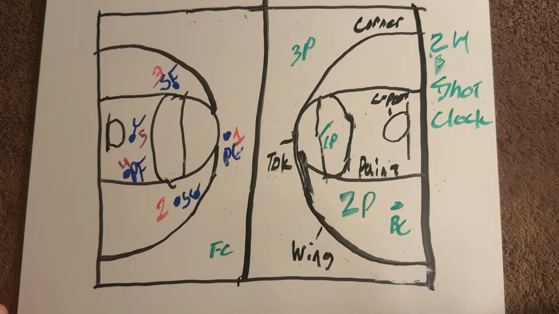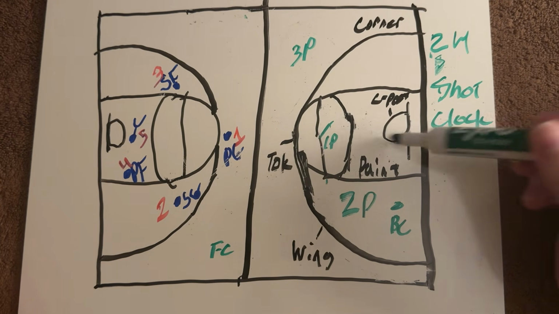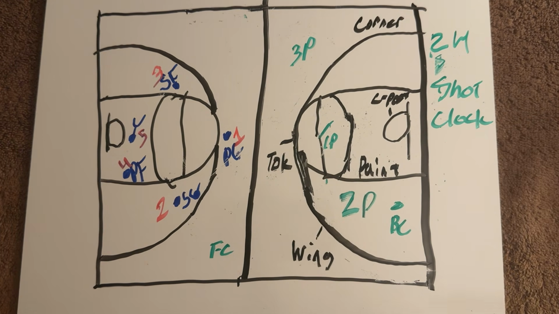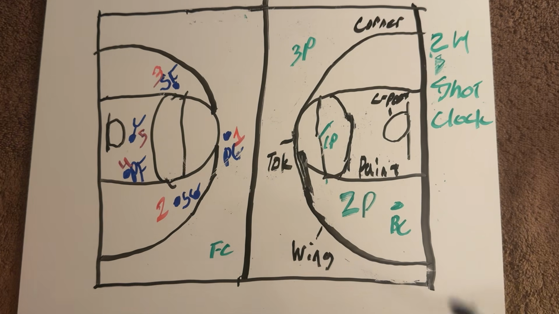So you get a 24-second shot clock, and that simply means for every time you possess the ball, you have 24 seconds to take the ball and put it in the basket, or at least attempt to put it in the basket, because of course, if you miss and the opposing team gets it, if they catch the ball off the miss, that is a rebound, that is a new possession. The shot clock will reset. There are some exceptions to turnovers and fouls and how the shot clock works, but the most fundamental aspect to understand is that the shot clock resets on turnover. So that's all that really matters.